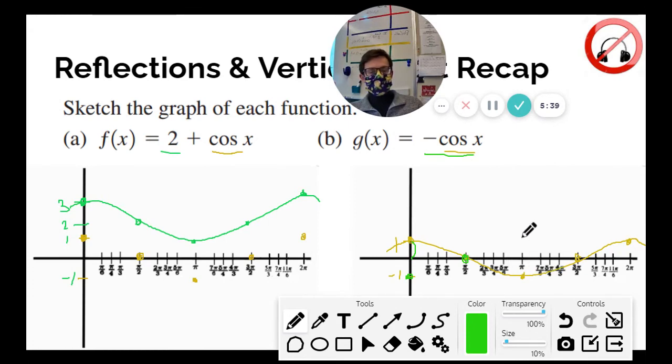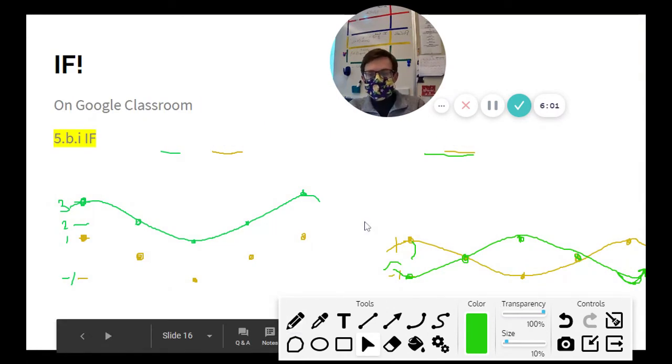Here, it's at -1. We'll shift up to 1, or reflect over to 1. So we're just taking the top, flipping it down, bottom, flipping it up. Midpoint stays the same. Top shifts to -1. And that would give us our 1 complete period. And there we have it.